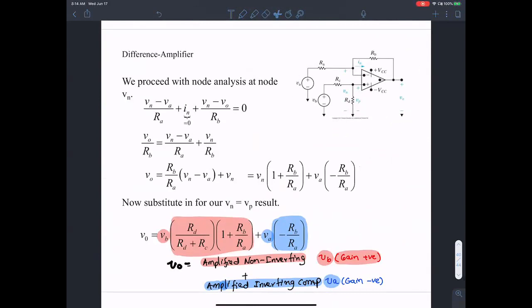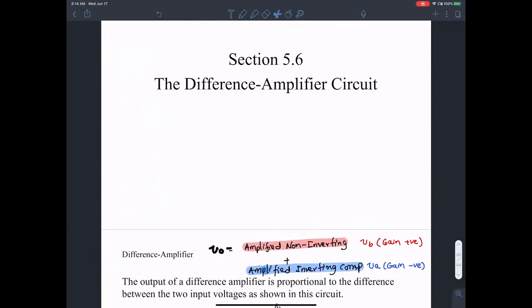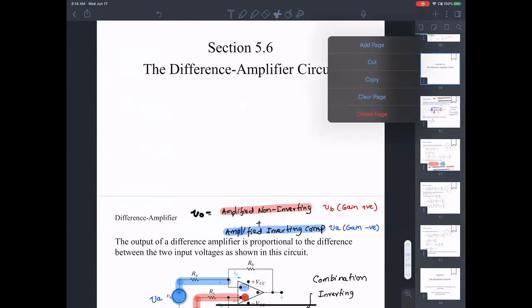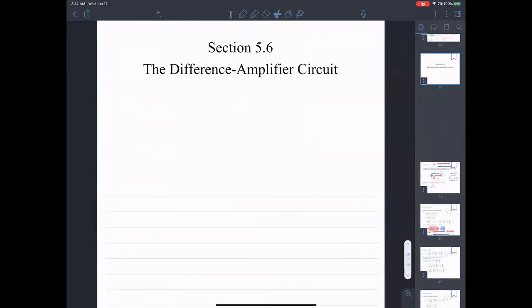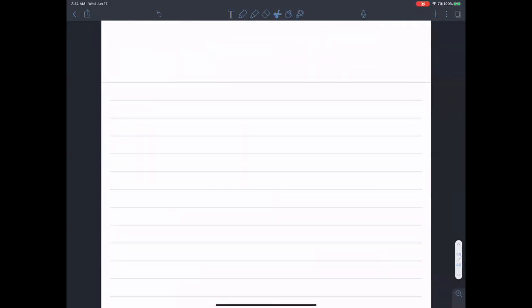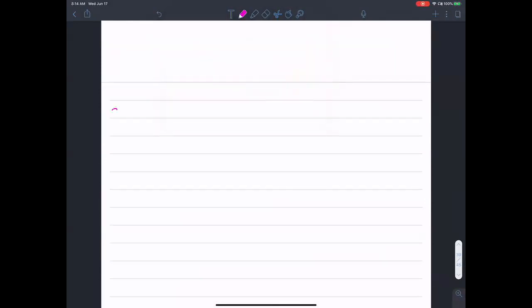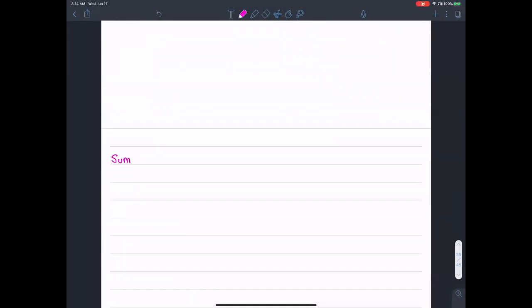For this one, I'm not going to do the analysis. I will have you drive the process. Let me start here. This is the difference amplifier.